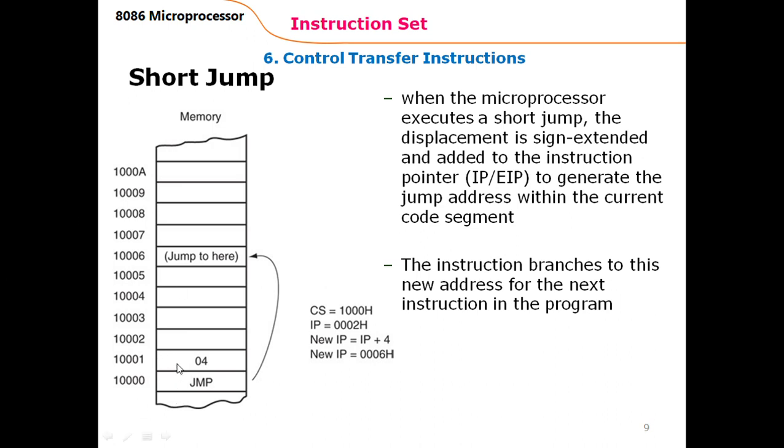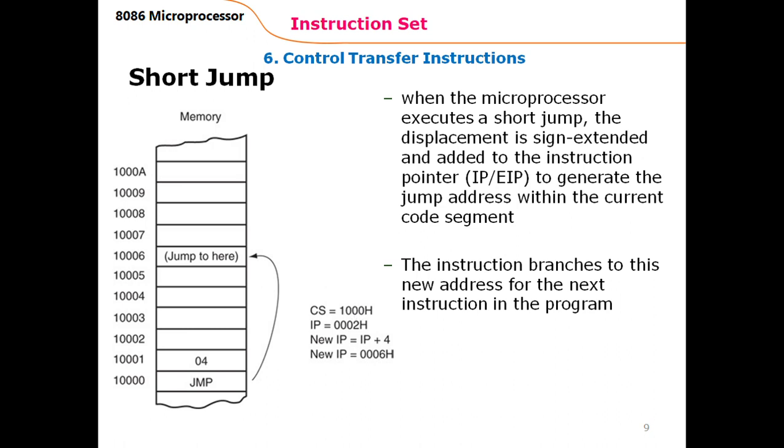While this instruction is being executed, the instruction pointer has the value of the next instruction, which is stored here, and the instruction pointer value is 0002, and the existing code segment is defined as 1000. Just like other physical address generation, the 16-bit value from the code segment is left shifted by 1 hexadecimal digit.